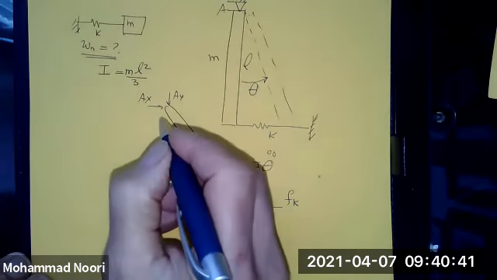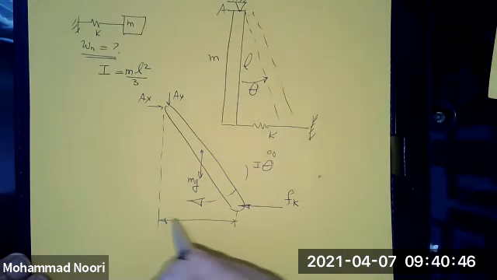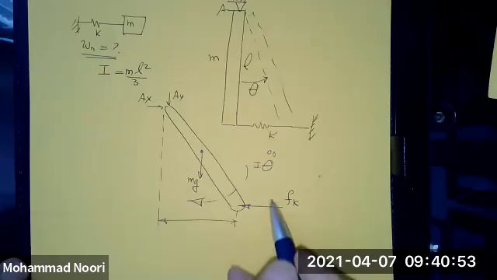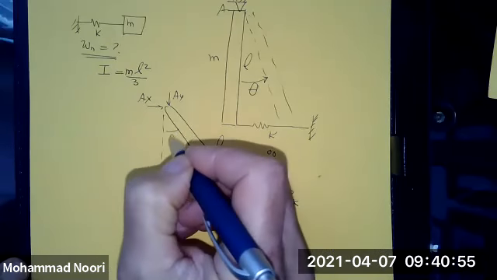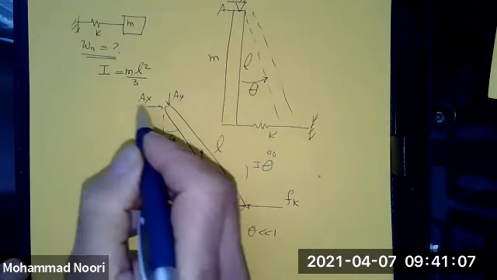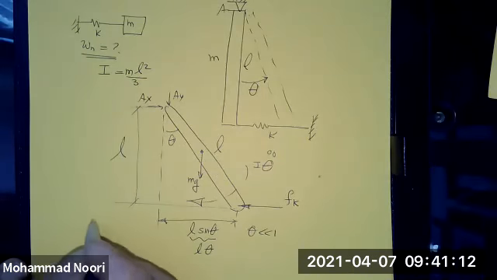You need certain quantities here. For instance, this distance, which is basically the deformation that the spring experiences, is what? If this is L, this is theta, this would be L sine theta, assuming that theta is very small, this is L theta, okay? And this distance is L. So again, I simply write summation of moments about A is equal to 0.